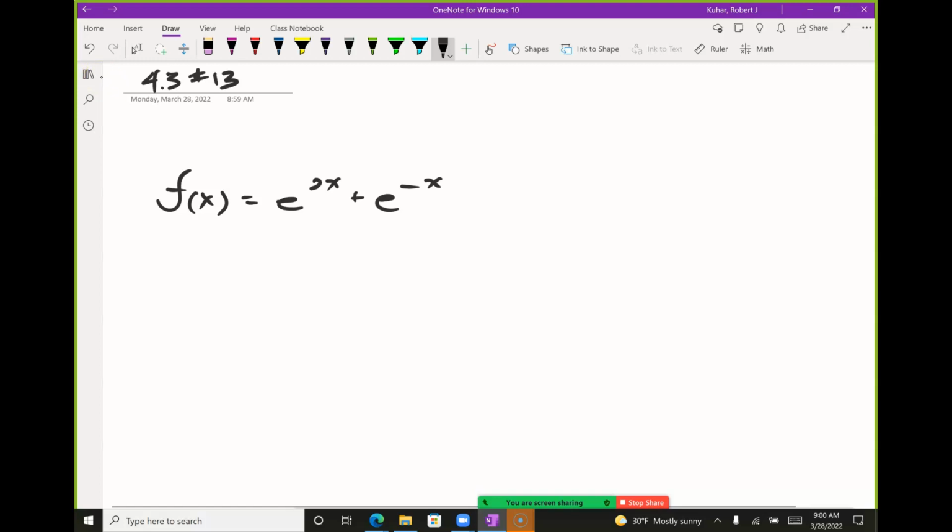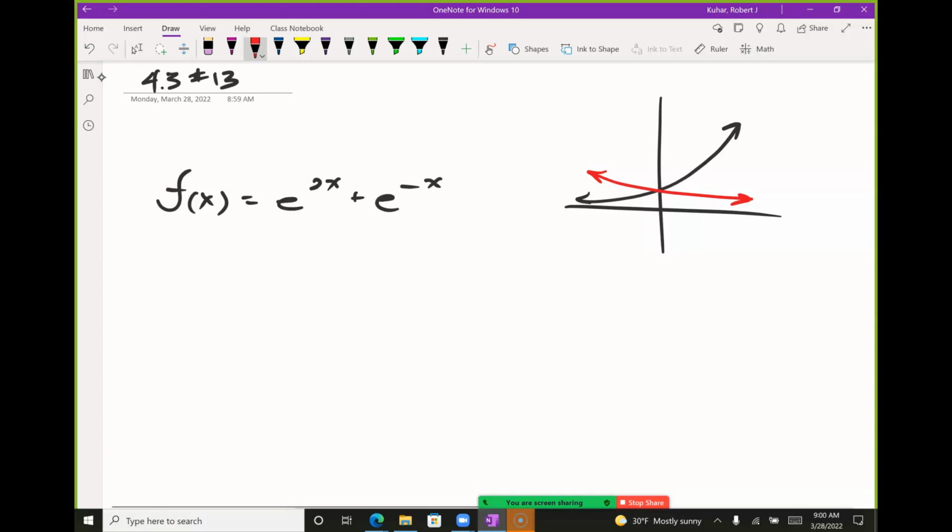I could kind of piece these together without the calculator, right? The way my brain is working is I'm going, okay, e to the 2x looks like this, and e to the minus x looks like this. And so then I'm adding those two things together, right?